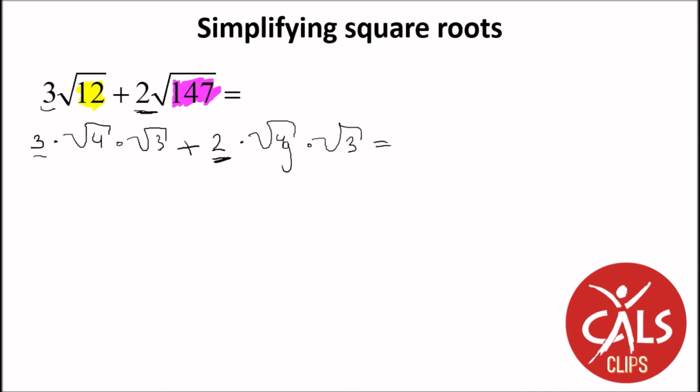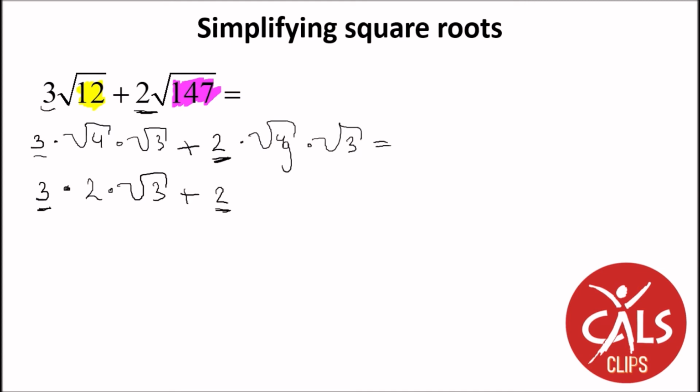Okay, we can write this a little bit shorter, so we know the 3, we just write it here, the same 3 like this one and this one. The square root of 4 is 2, so we can write 3 times 2 times the square root of 3 plus the 2, which will stay there, of course.